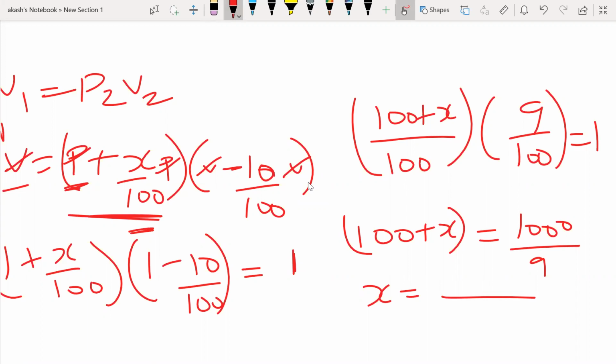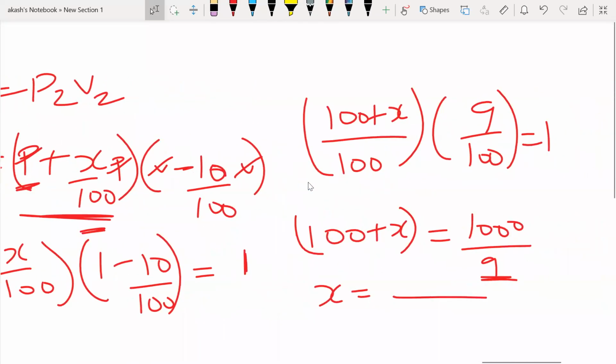Sir, just the 100 plus X on the right side, the first step, on the top. It's 90. Oh, yes, absolutely. Correct. So this is 90 by 100.